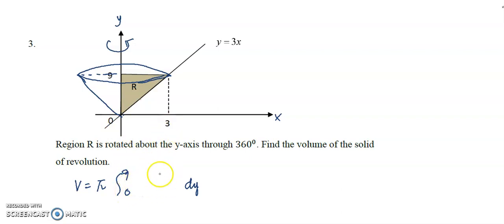And the function should be x squared. So how do you get the x squared? Now the function given which bounds the region is y equals 3x. So now we need to get x in terms of y. x will be equal to y over 3. So we need the x squared. We need to find the square of x, meaning that we need to square both sides.